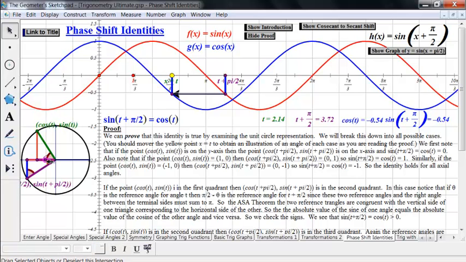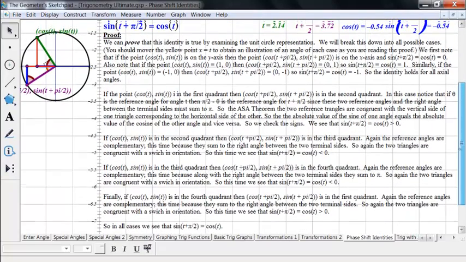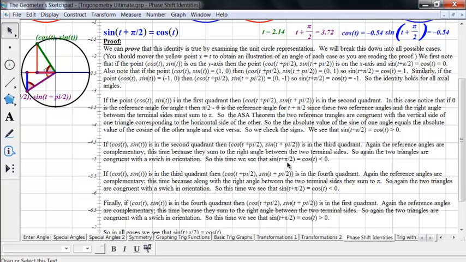So we see that the horizontal distance for the green terminal side is the same as the vertical distance for the other one, so the absolute values are going to be the same. So what about the signs? The cosine of this terminal side here, that angle in the second quadrant, is going to be negative, and the sine of this one down in the third quadrant is also going to be negative. So if we're in the second quadrant, they're both negative, but they are equal to each other.